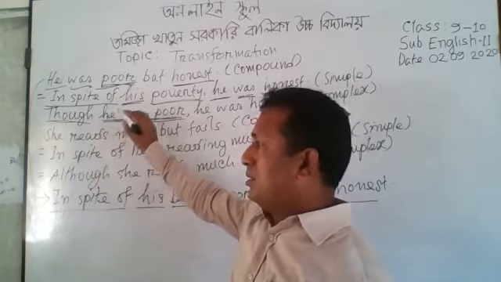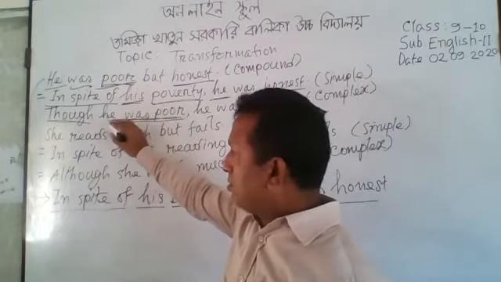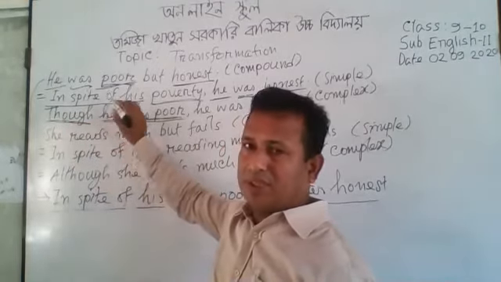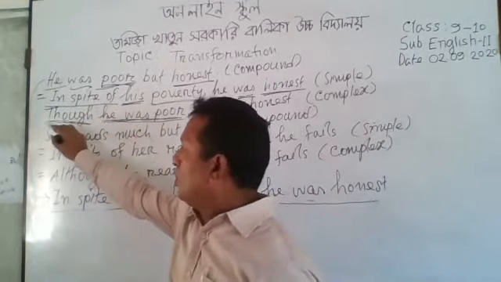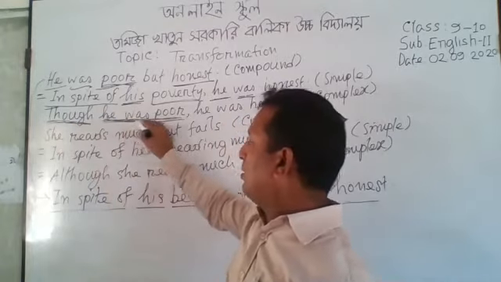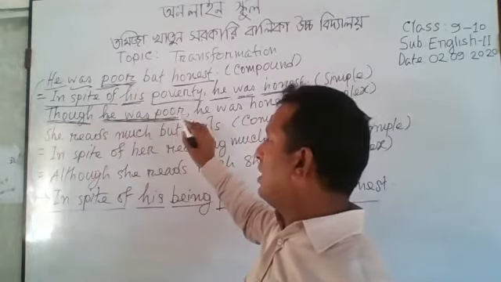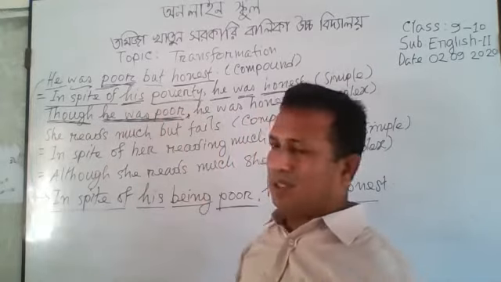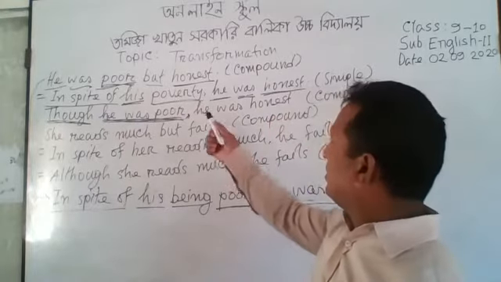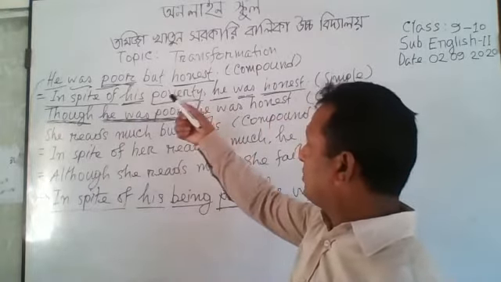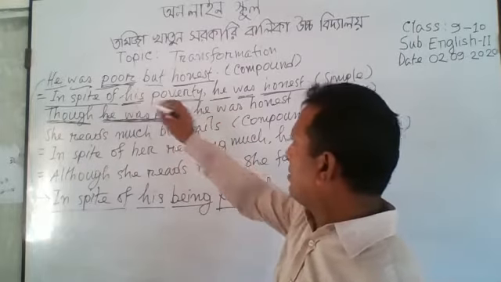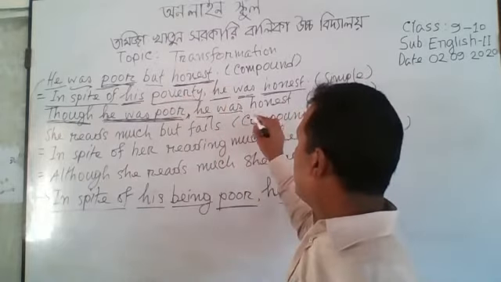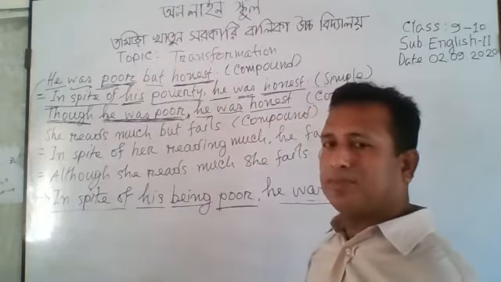To change the sentence into complex, I have set though or although before the first clause, and a comma in place of but, and then the pronoun of the subject again, the same verb, and the last clause.